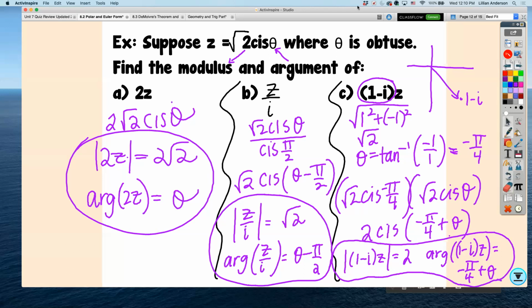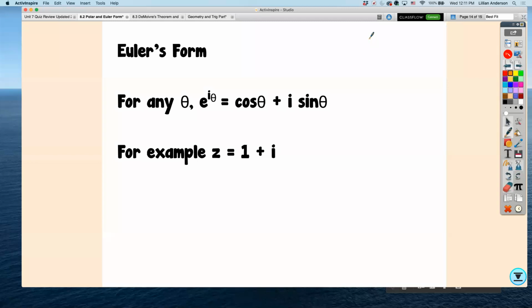Questions on polar form? Euler form basically says for any theta, e raised to the i theta, so i and theta are in your exponents, is equal to cosine theta plus i sine theta. So essentially, a polar form can be simplified into e raised to the i theta, and that's Euler form, okay?